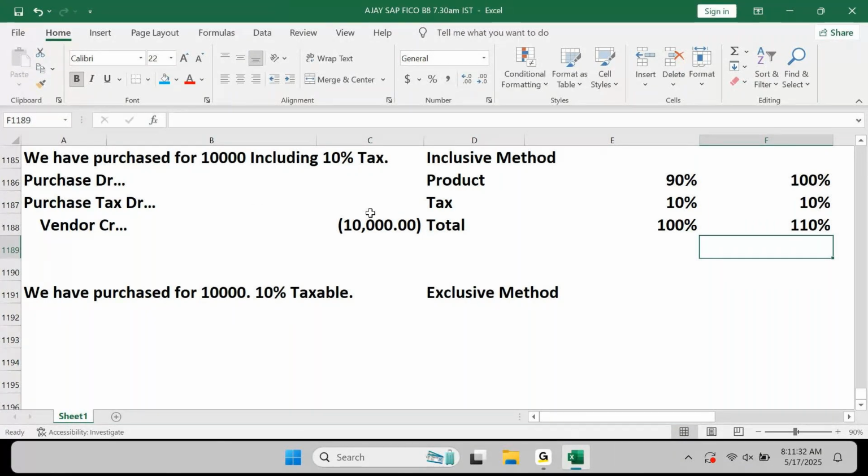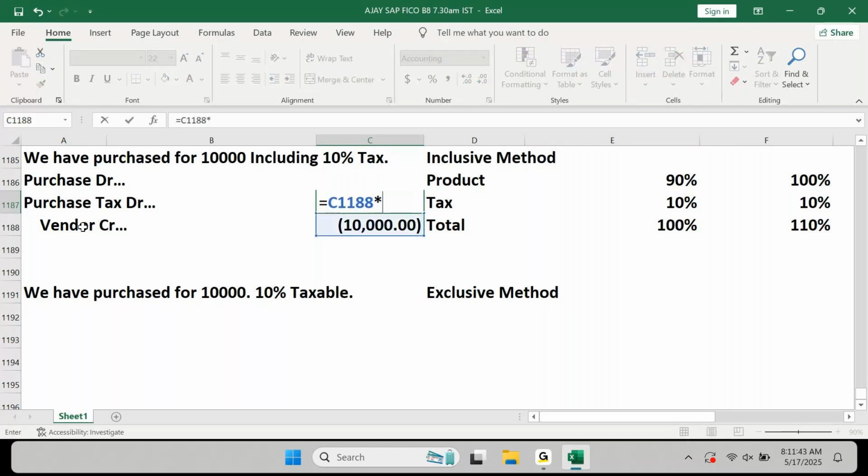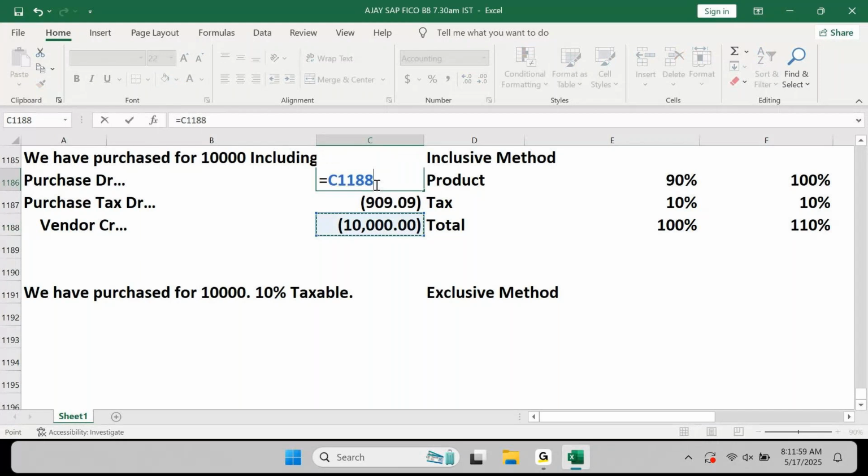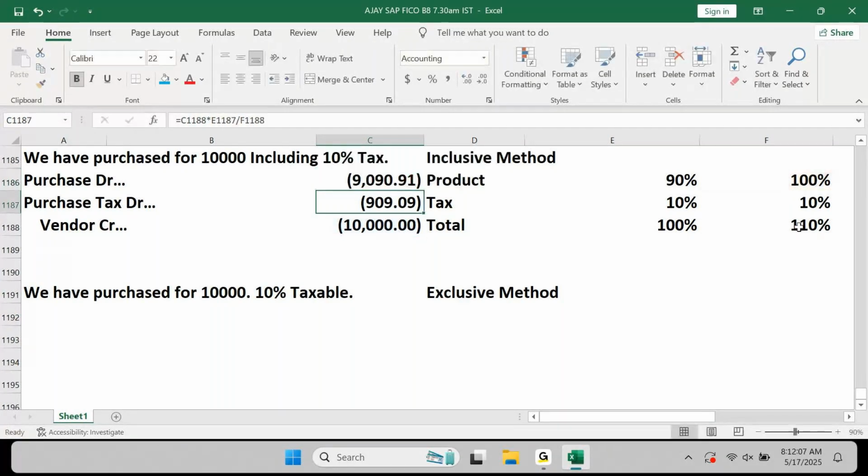If I need total value, 110 is exclusive. If I try to calculate purchase tax 10%, is this 10,000 into 10 by 110? Yes, 909. Then can I calculate this into 100 by 110?